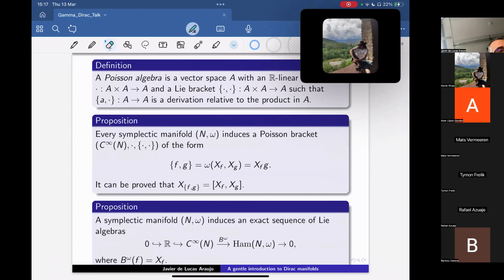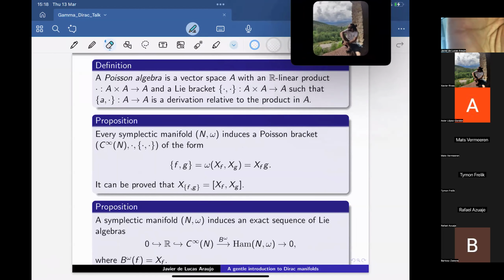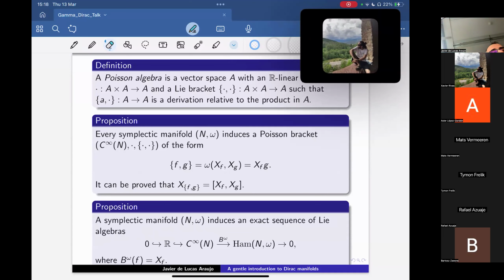This is a Poisson algebra. In algebraic terms, a Poisson algebra is nothing but a vector space, okay, with a certain linear product. Normally, it's assumed in general that it is commutative, okay, and bilinear.